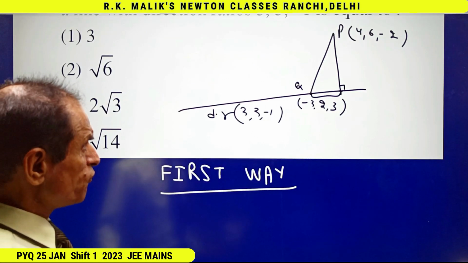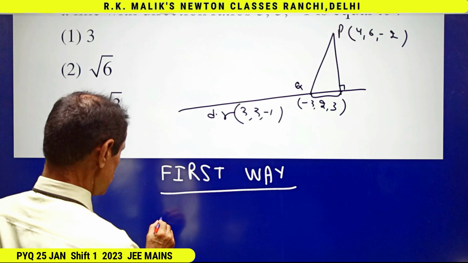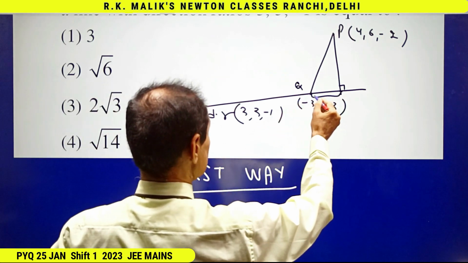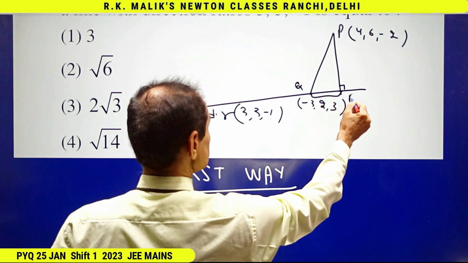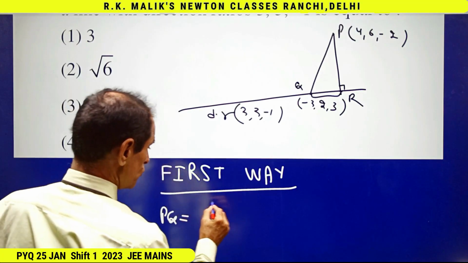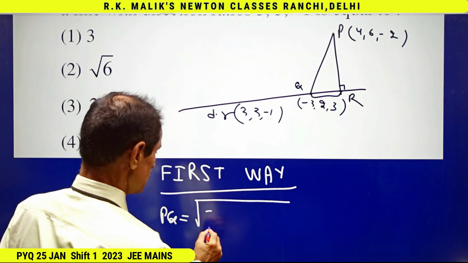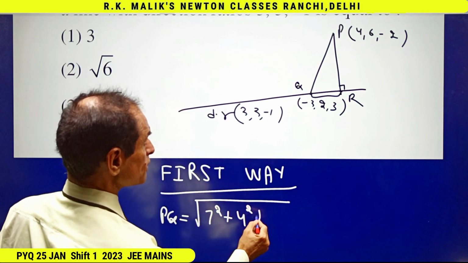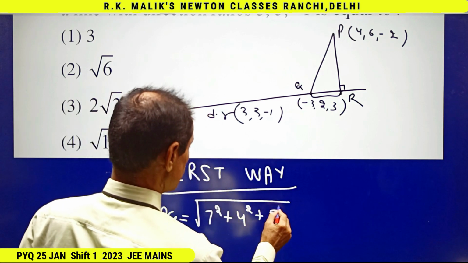In the first way, first I will find the distance PQ, and after that I will be finding the length of projections. See, this point is R. PQ is equal to under root 7 square plus 4 square plus 5 square.